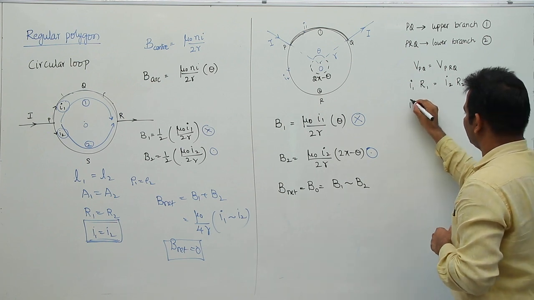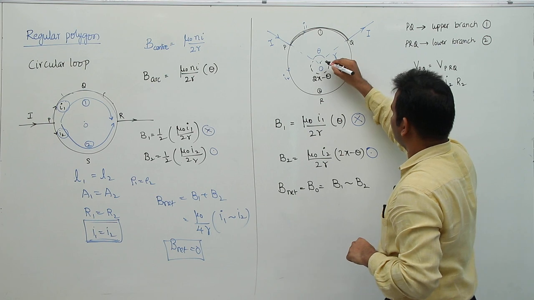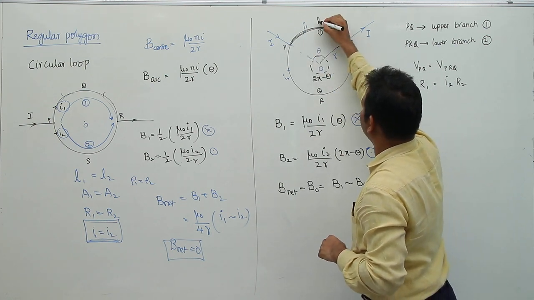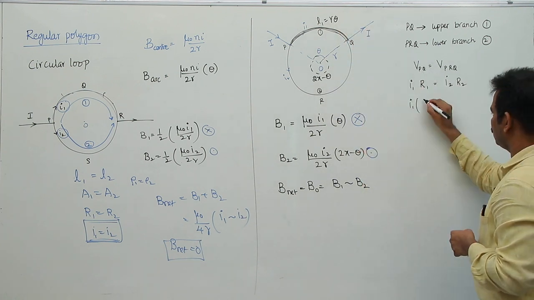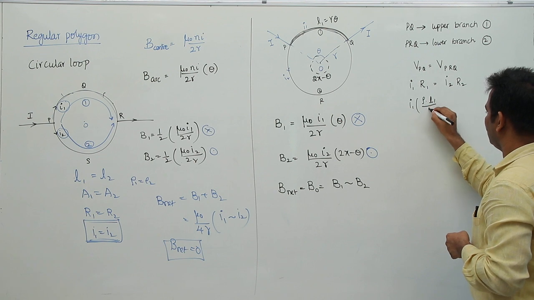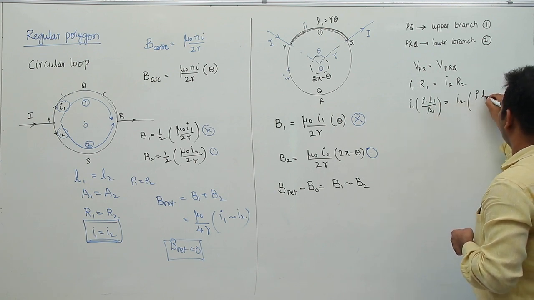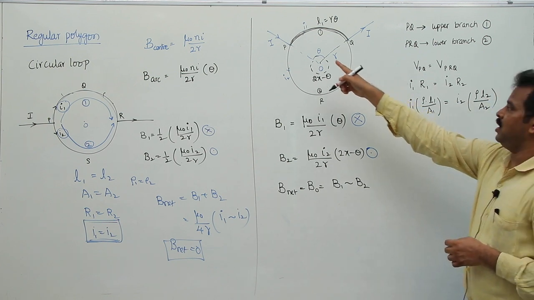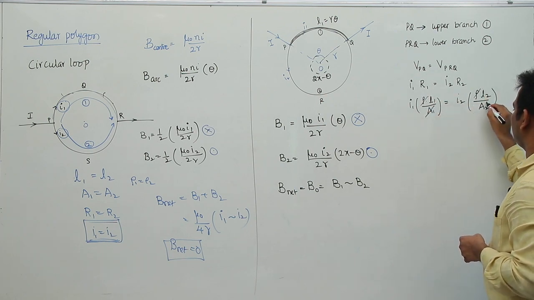We know that the radius is R, angle theta, so this length L1 is equal to R theta. So I am going to write rho into L1 by A1 is equal to I2 into rho into L2 by A2. As it is made of the same material, the rho and rho get cancelled, and the cross section area will be the same.